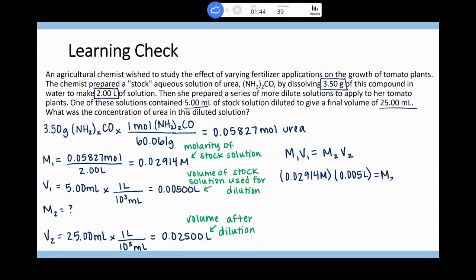And then this is equal to M2 times our final volume, 0.025 liters. Again, I left off a couple of sig figs there. If we solve for M2, we should get 0.00583 molar.